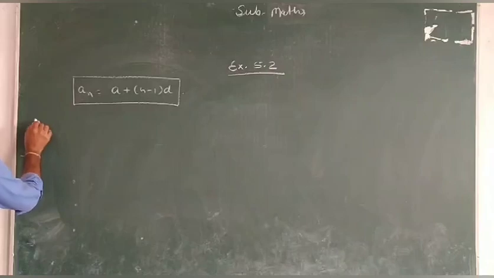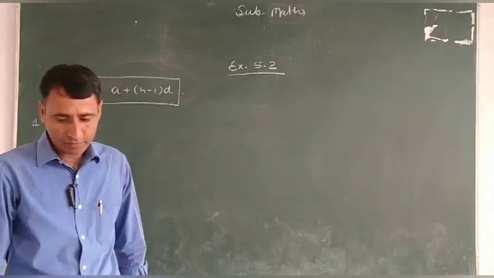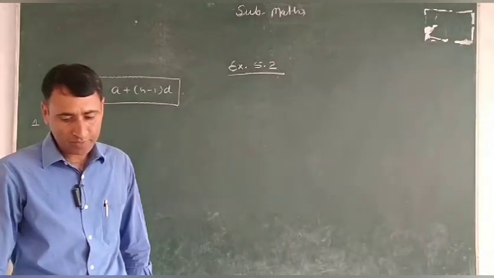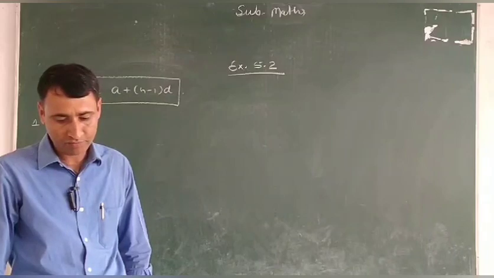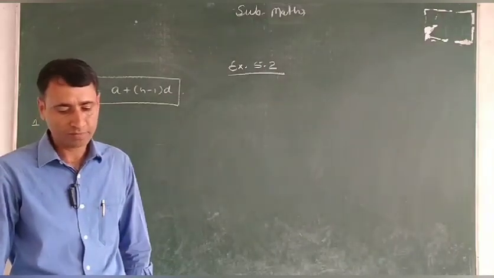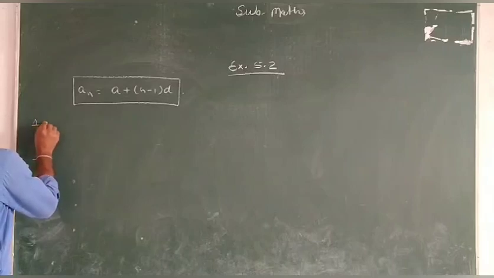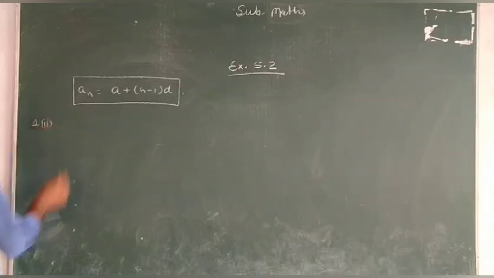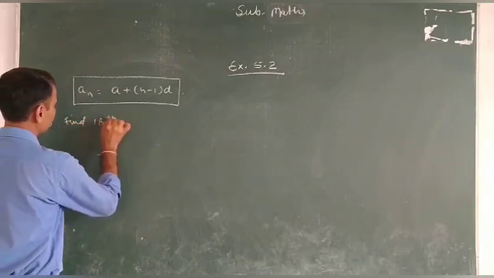In the first question, find the 10th term of an AP, find the 18th term of another AP, find the 24th term of another AP. So I am solving the second part of question number one.